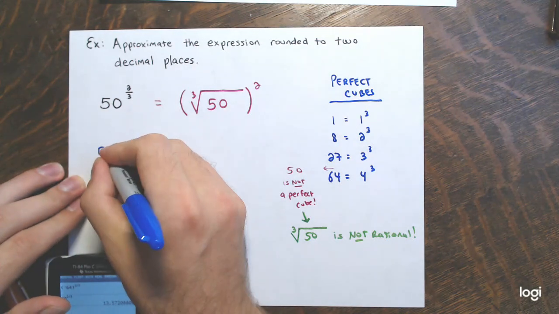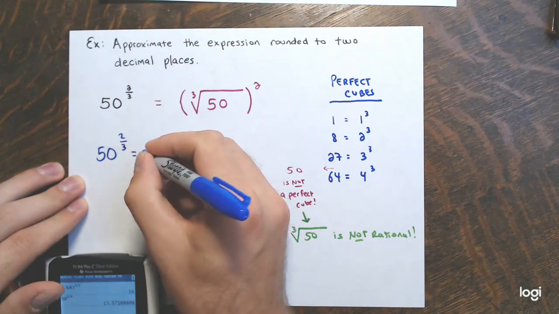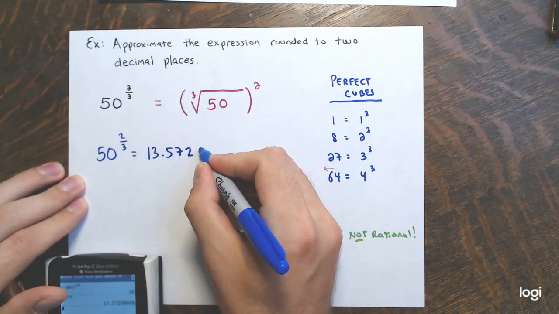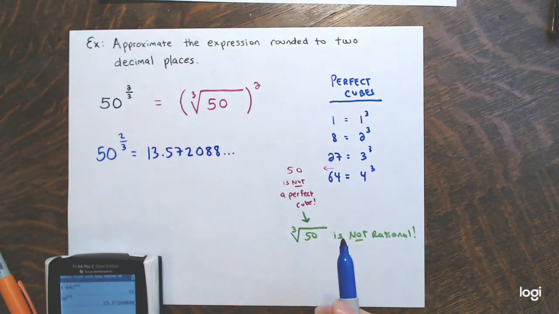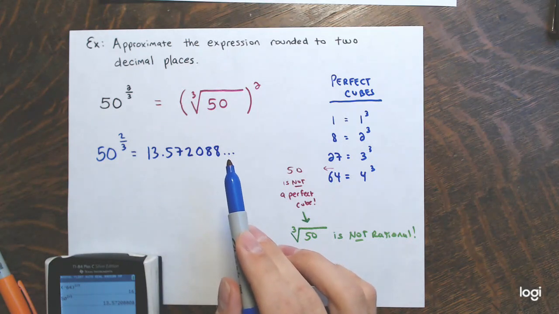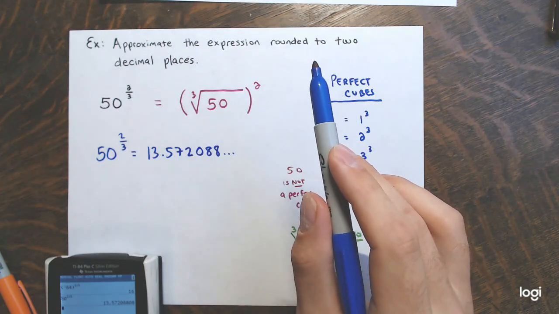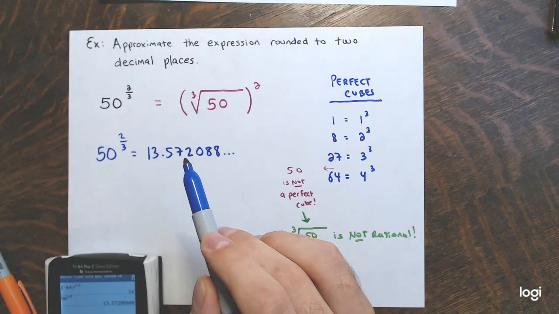So 50 to the 2/3 power is 13.5720888, and so on. Again, it's irrational, not rational, so it never ends and never repeats. And what I'm asked to do is round to the nearest hundredth, right? 2 decimal places after the decimal point: tenths place, hundredths place.